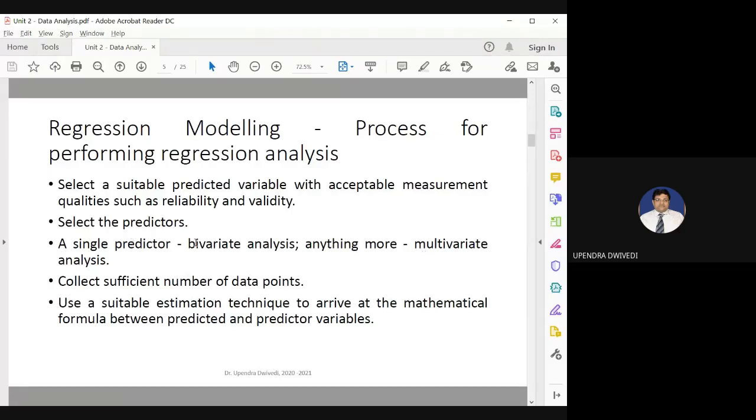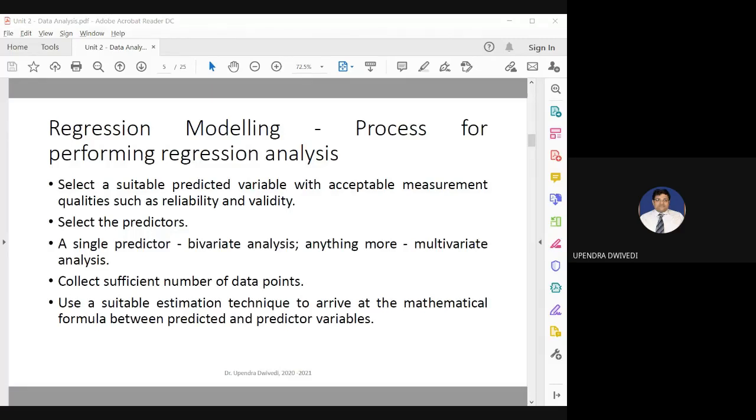So, for an example of a single predictor, give an example of a single predictor and predicted variable.